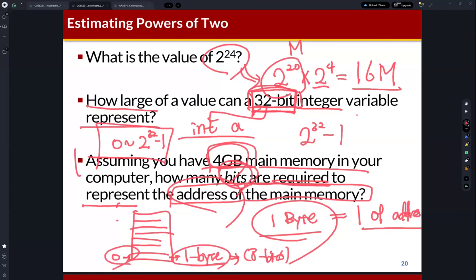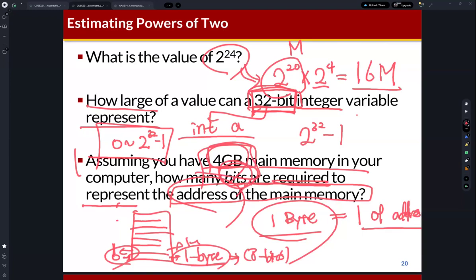And then the next 1 byte of data is assigned to address number 1. So that's how the address is represented in the computer system. So you can just remember that in the address of the memory, address 1 is mapped to 1 byte of data in the computer system. Okay.